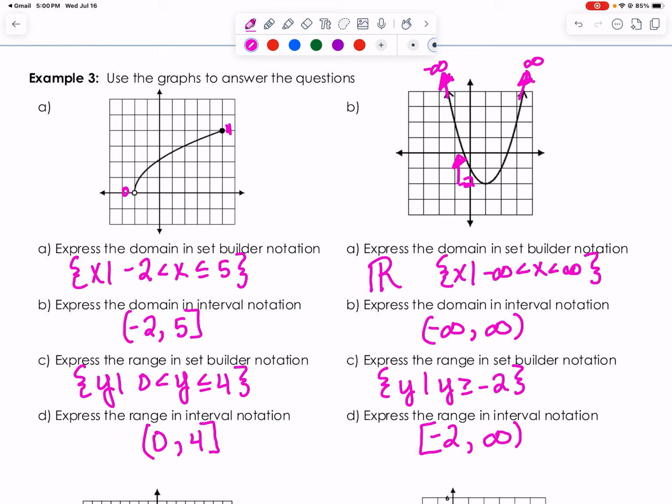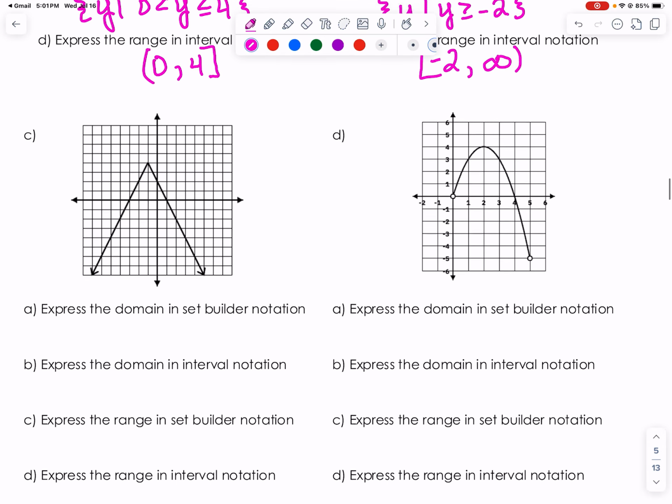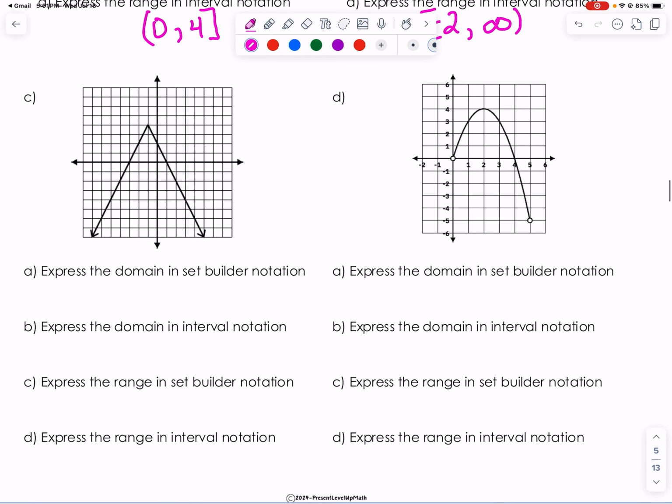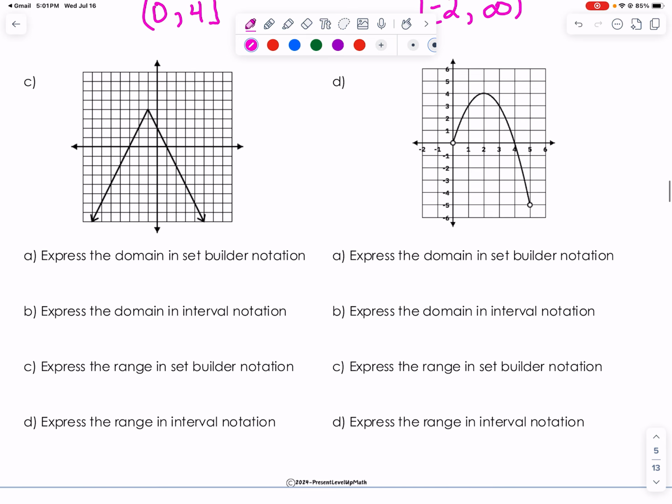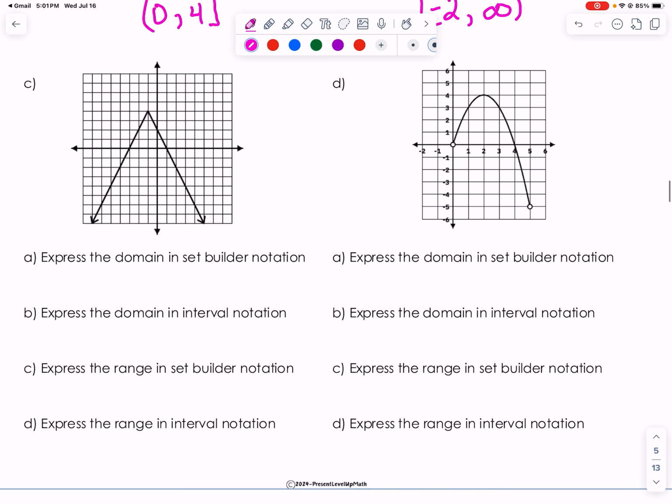Again, if you'd like to repeat any of those concepts, just pause the video, rewind, and replay. In example C, we have a function that is opening downward. But same thing as example B. It goes off to the left forever, and it goes off to the right forever.